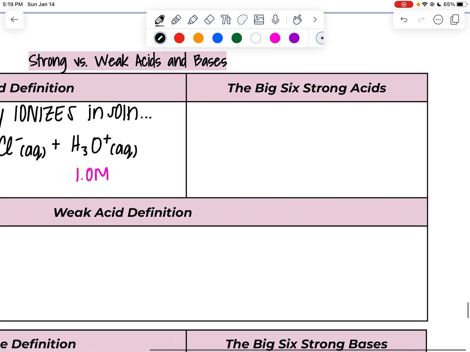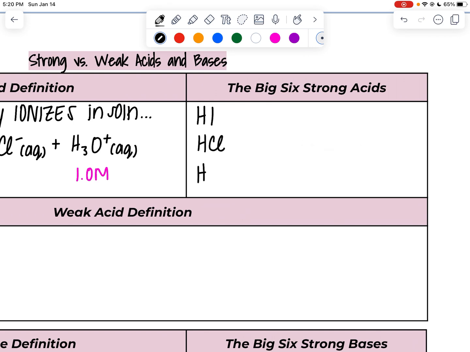So there are 6 strong acids that you need to worry about. Here is the list of them. You're going to write them down and you're just going to memorize them. You've got HI, you've got HCl, you've got HBr, you've got HNO3, you've got H2SO4, and you've got HClO4.